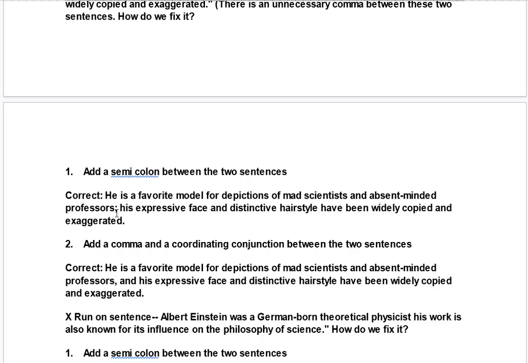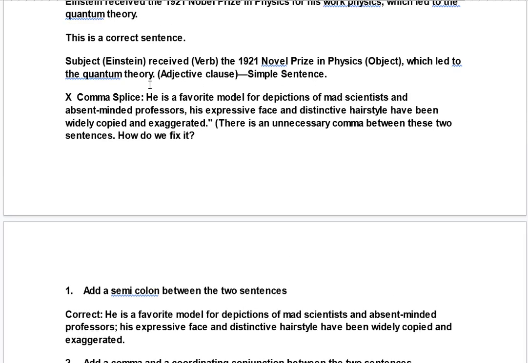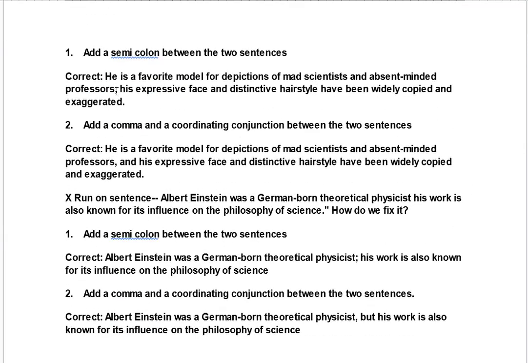His expressive face and distinctive hairstyle have been widely copied. And who are we talking about? We're talking about Albert Einstein, in case you're wondering. In the quiz, they just say he. But in case you're wondering who the he is, we're talking about Albert Einstein, okay? So Albert Einstein is a favorite model for depictions of mad scientists and absent-minded professors, semicolon, his expressive face and distinctive hairstyle have been widely copied and exaggerated.